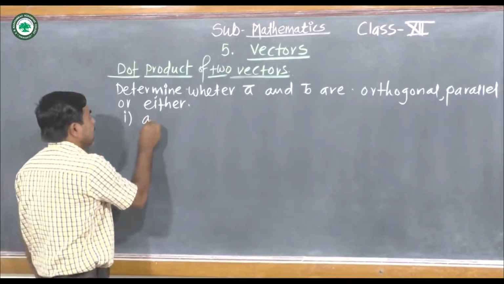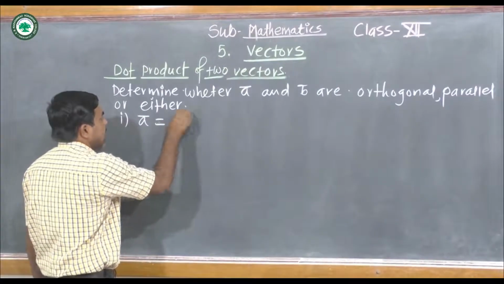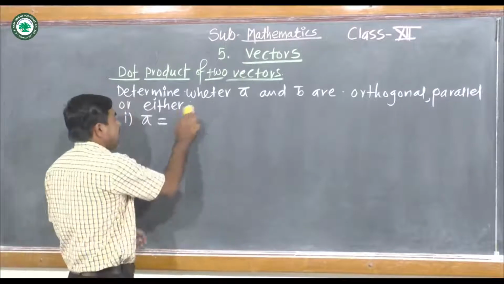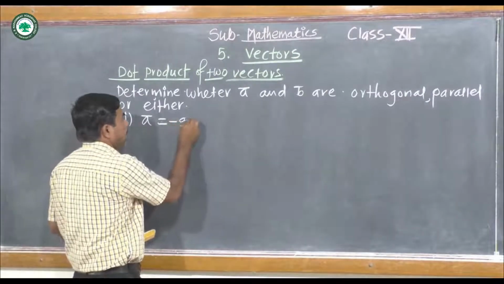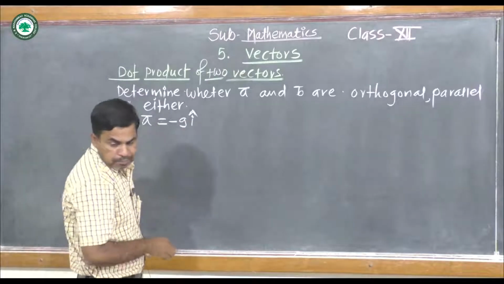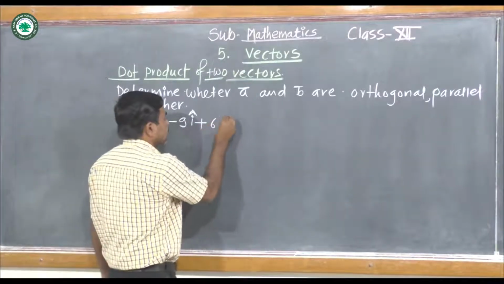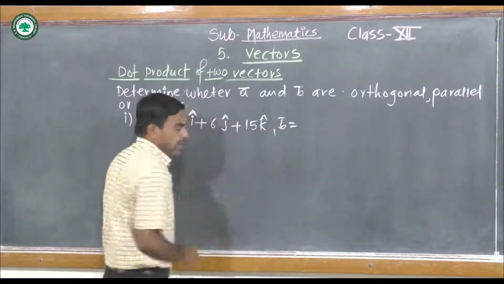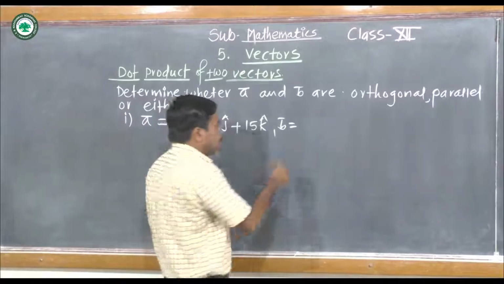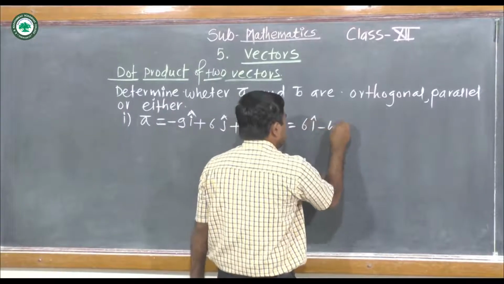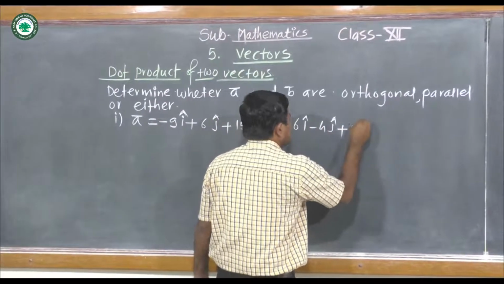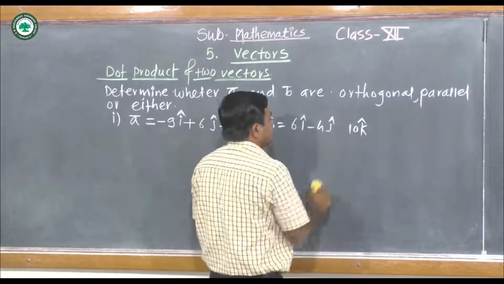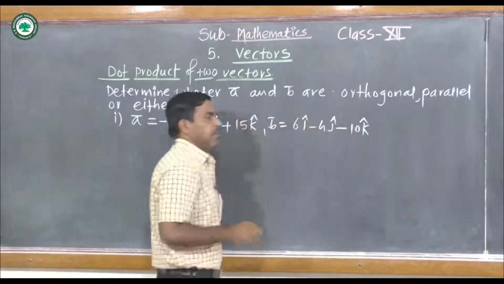Here, A bar is equal to minus 9 I cap plus 6 J cap plus 15 K cap, and B bar is 6 I cap minus 4 J cap minus 10 K cap.